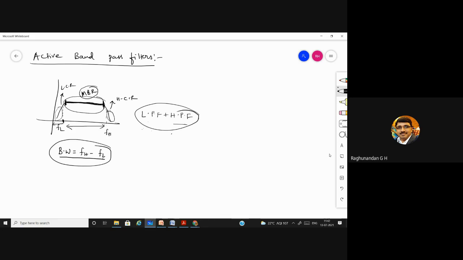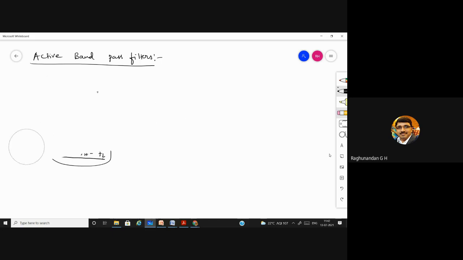So this is the main importance of active bandpass filters, where we are going to combine both.